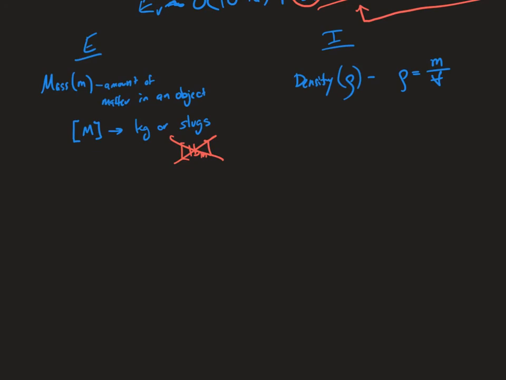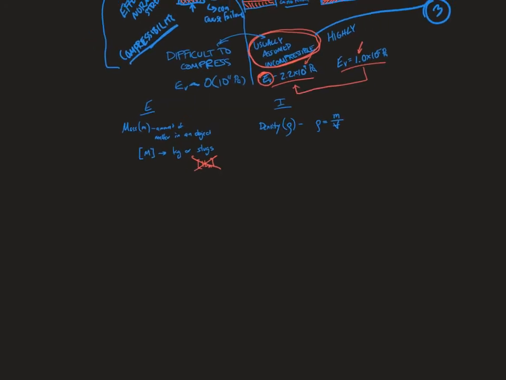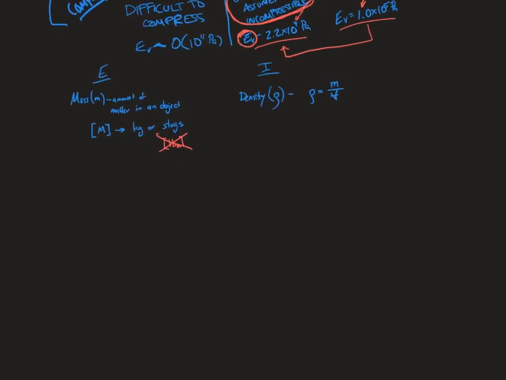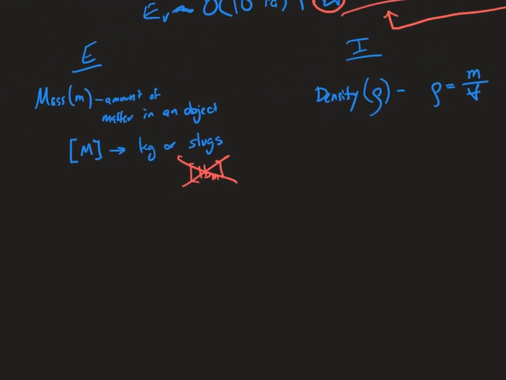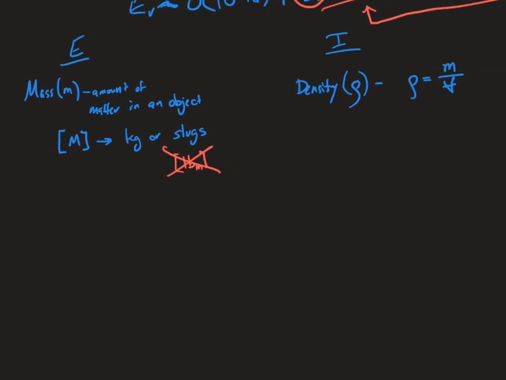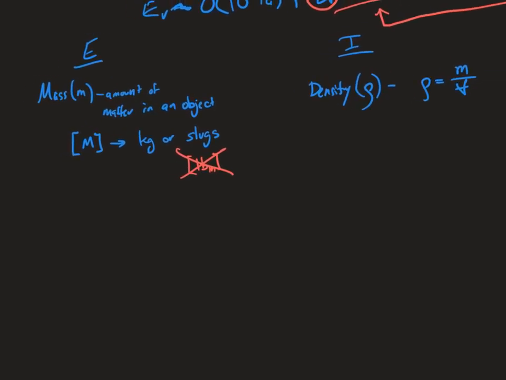The difference between these two is that the density is per unit volume. The extensive is just the property of some volume of fluid, and the intensive is per unit volume. So this has units of mass divided by units of length cubed, that's mass per volume.